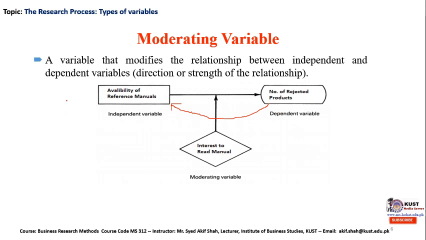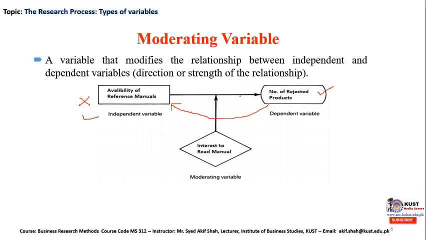And if there is no reference manual at all, then the number of rejected products will be more or increased. And if the reference manual is available in the organization, it will lead towards a low number of rejected products.